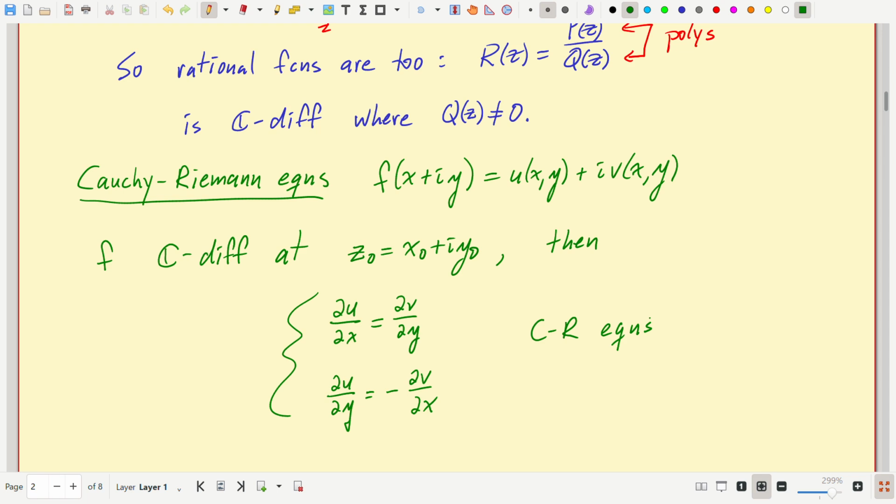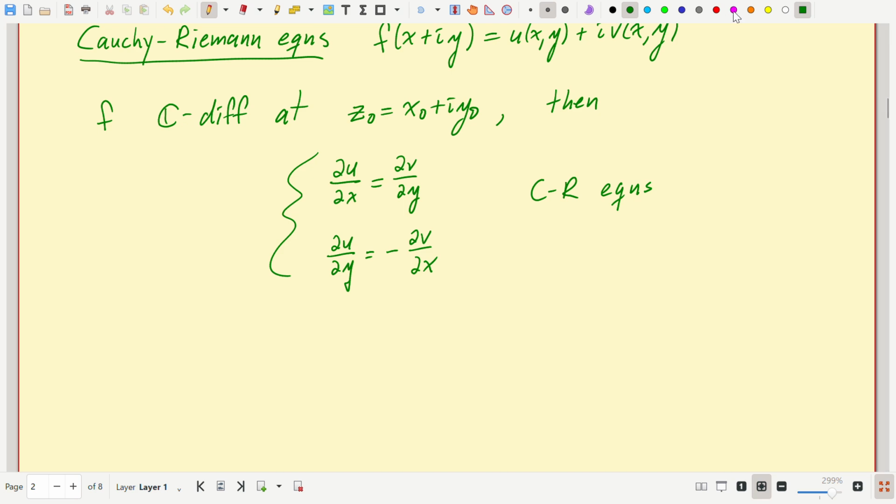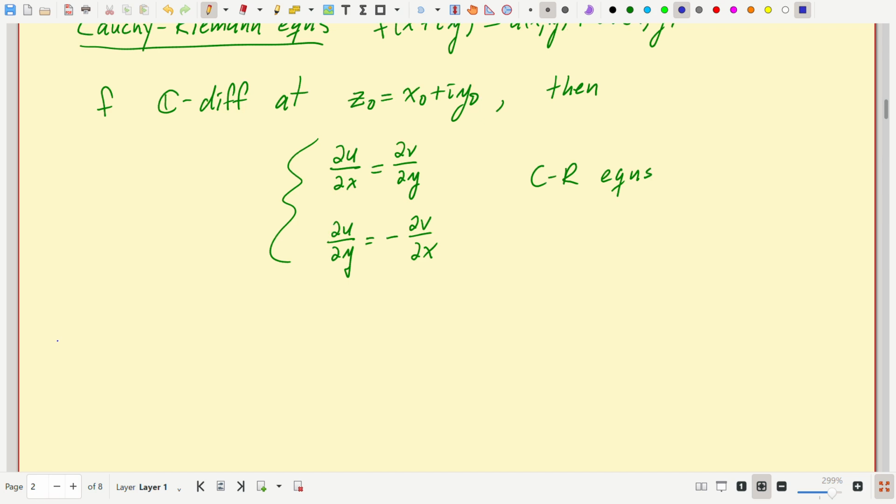Okay. Well, a key thing now is I'm going to start messing around trying to prove the fundamental theorem of algebra.